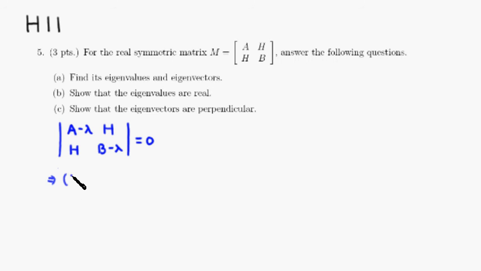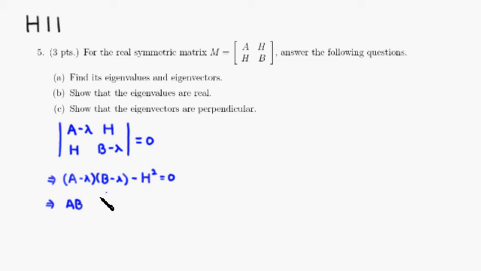so it's A minus lambda times quantity B minus lambda, minus H squared. So this is equal to 0, and multiply it out. You're going to have A times B, which is AB.